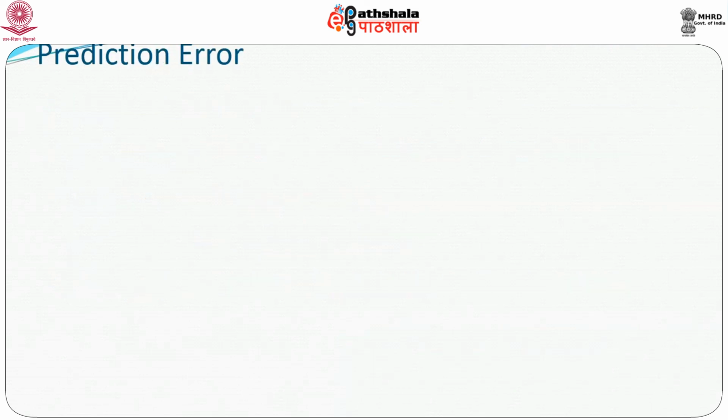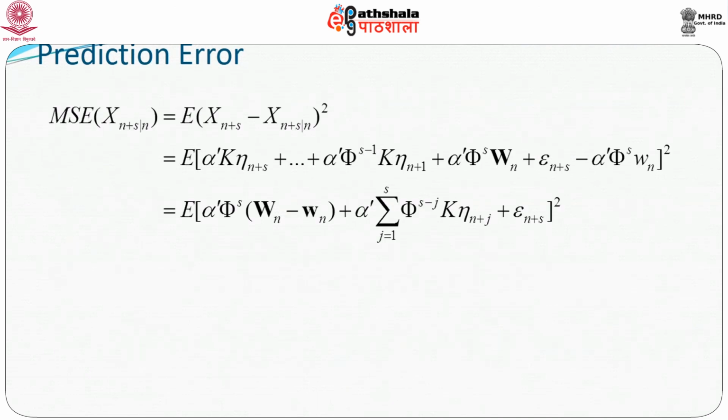What would be the estimated prediction error? That would be the MSE of x, or the expectation of x_{n+s} minus the predicted value, that is x_{n+s} given n, squared, and that simplifies to the expectation of these three terms, squared. But look at these three terms here.